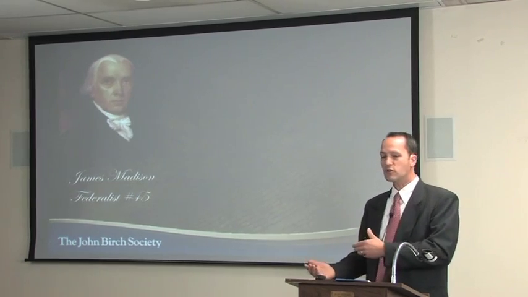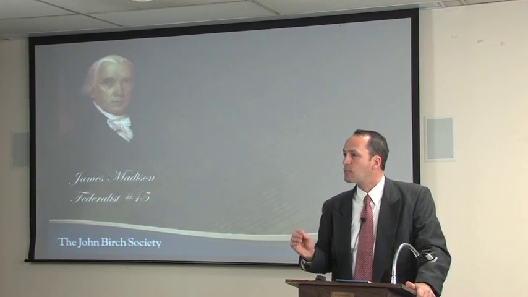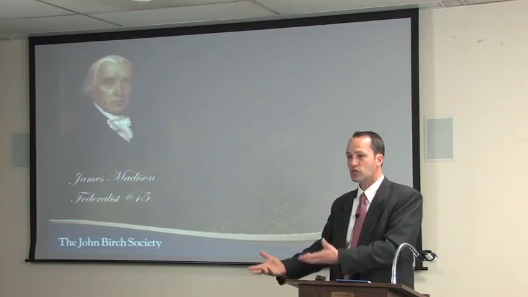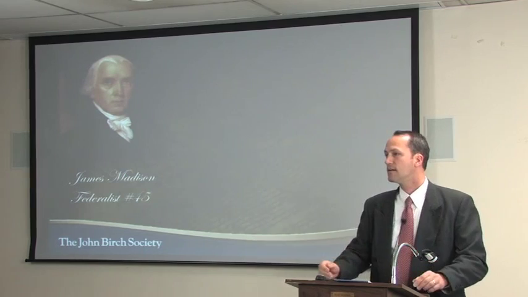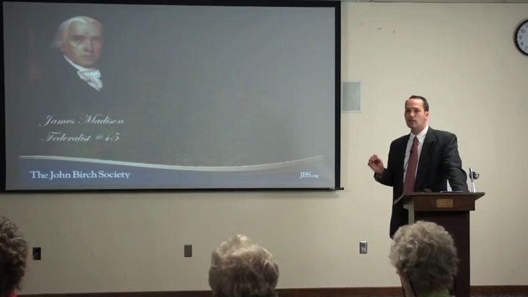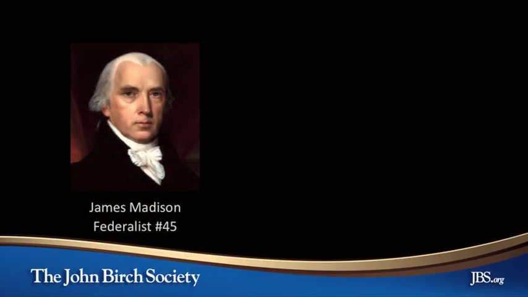These letters were written to the papers of the state of New York to help the people of New York understand this Constitution that was being proposed, to encourage them to go along with it and encourage their state to ratify it. So the Federalist Papers is probably the greatest single source of what was the original intent of the Constitution. It's the greatest authority on that topic.